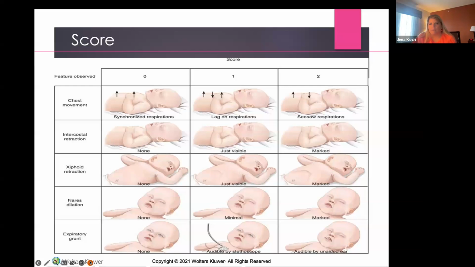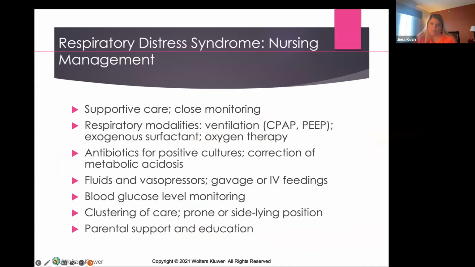However, we're not actually giving them a score of 0, 1, 2, 3, right? We're just assessing, noting what we're seeing, and relaying that to the provider. But it's included in the lecture because your textbook mentions it, and you might see it on PrepU. I will not ask you to score using the Anderson. I will not ask you to provide a score on the test.